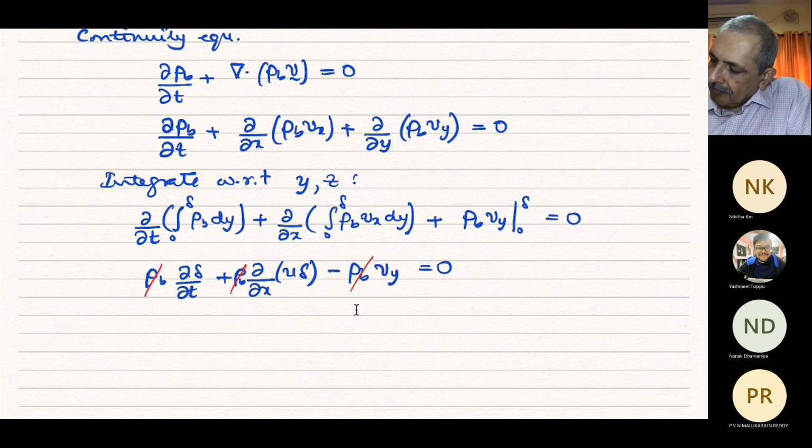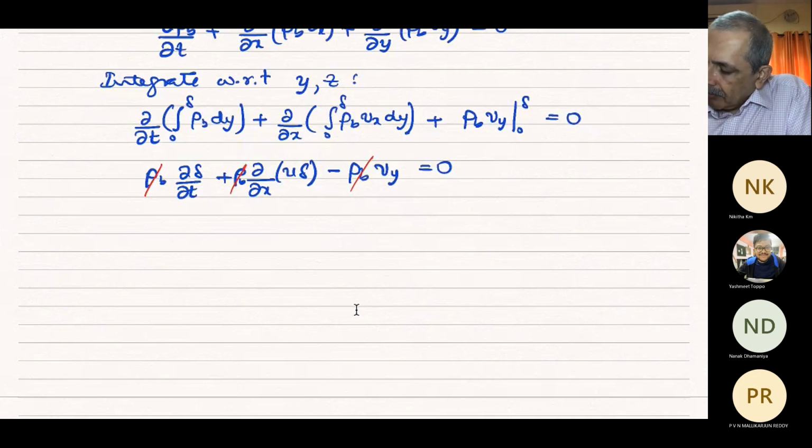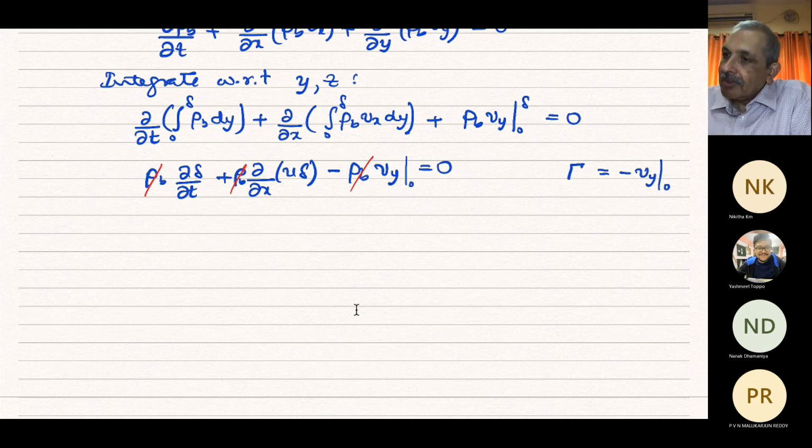And so what we get is, we know that our gamma is the rate of deposition, so that is equal to minus of Vy at 0. Because it is depositing, so that is a velocity in the negative y direction, so that's why it's minus of Vy.